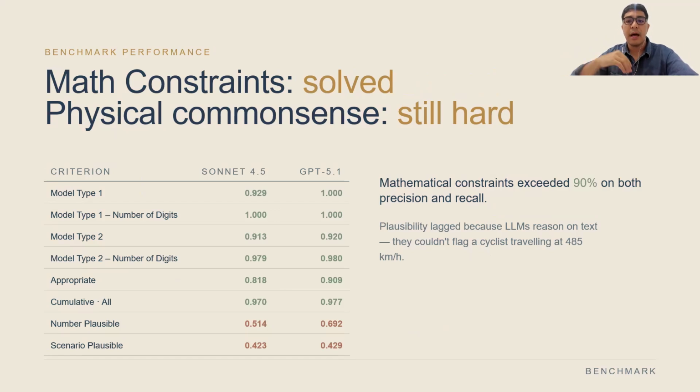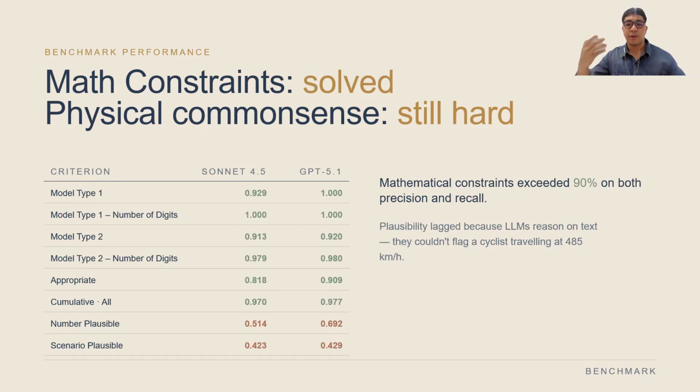To test this, I built a benchmark of 180 hand-curated method problems and used precision and recall metrics to track the performance across 4 state-of-the-art models, namely Anthropic models, ChatGPT models, Gemini models, and Qwen models. The mathematical constraints exceeded 90% on both metrics, and the LLM handles them pretty well.